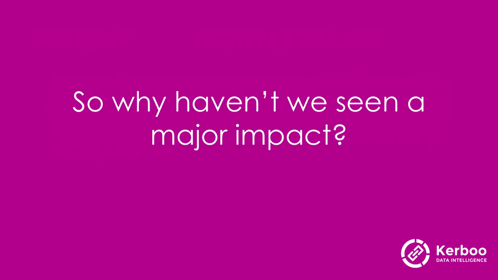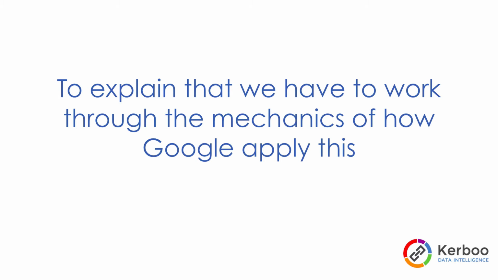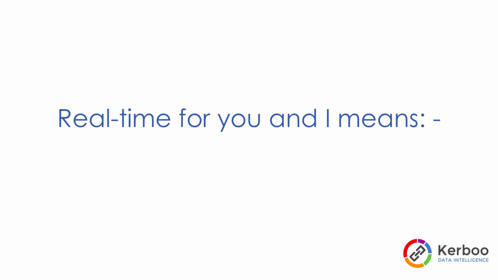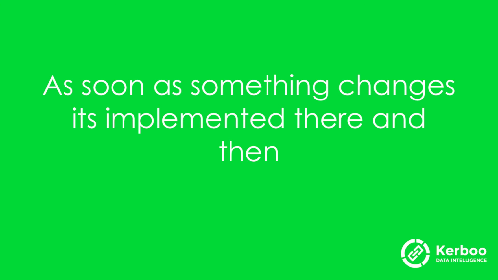So why haven't we seen a major impact of real-time Penguin? Well, to explain that, we really have to dig through the mechanics of how Google are actually applying this. And to do that, we need to think about the way that Google have termed it. So they say it acts in real time. Now, real time is defined in an interesting way, because real time for you and I means as soon as something changes, it's implemented there and then.